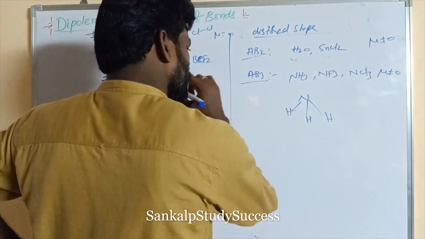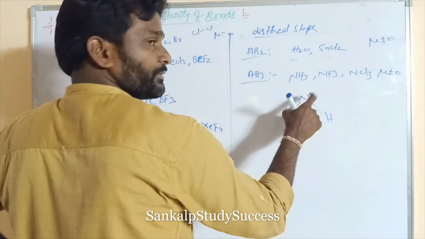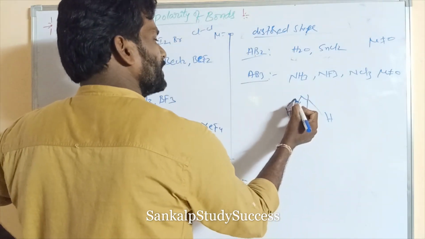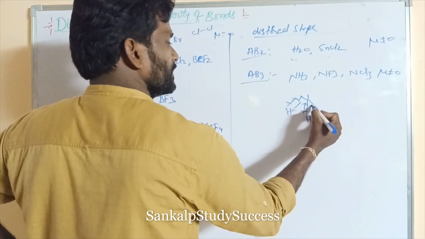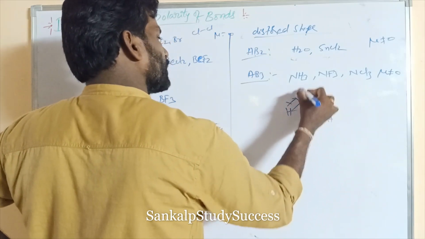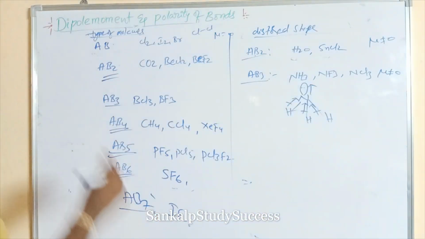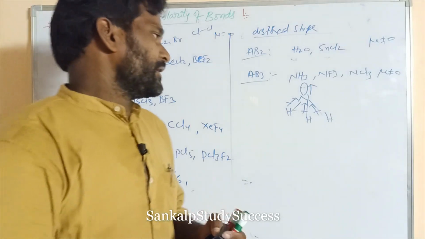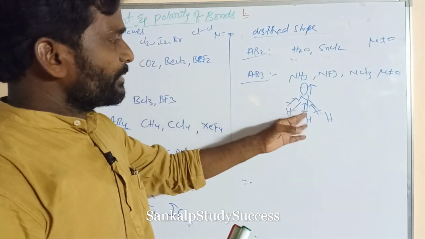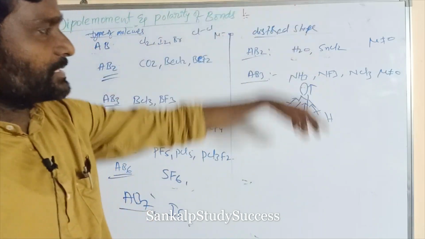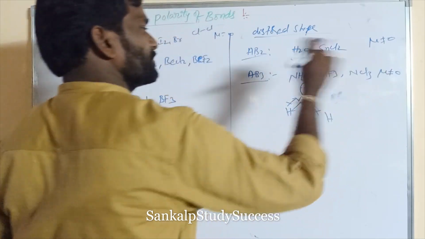Here the N–H bond, nitrogen being more electronegative, is shifted towards the more electronegative atom. Similarly this also contains one lone pair, present above the plane. So the net dipole moment of the molecule is the dipole moment of all bonds present in one direction. So its dipole moment is not equal to 0, for all similar molecules.